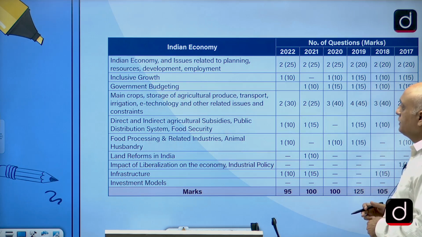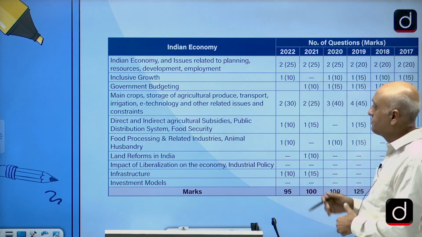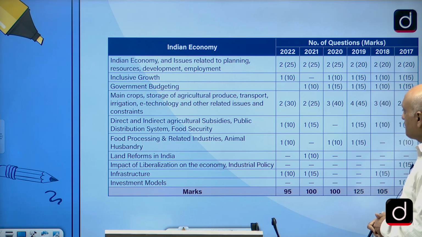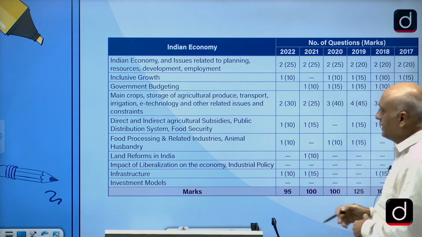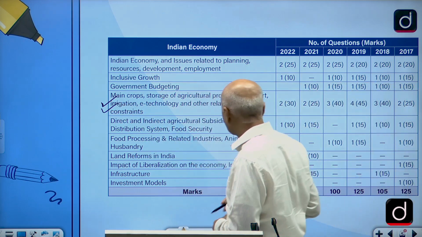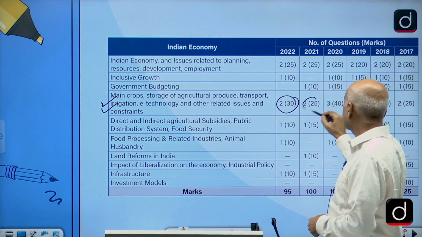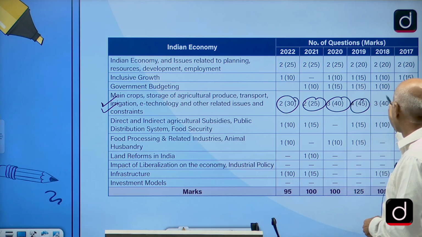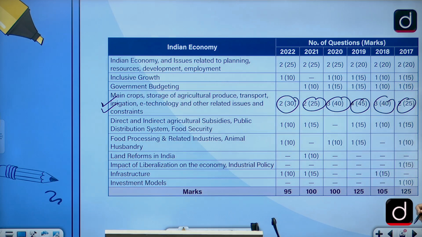And you can even do the analysis of your weightage of different topics, although it changes from time to time, but anyway, they keep a high focus on agriculture related topics. So that is the biggest focus. The second thing that they would love to ask in the examination is the concept of economic growth.